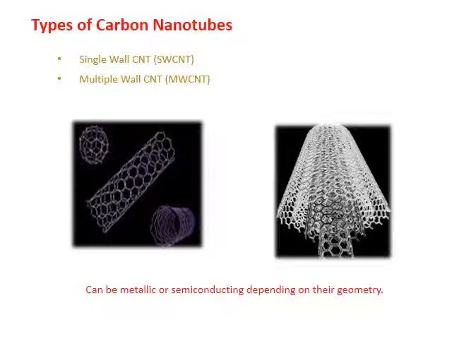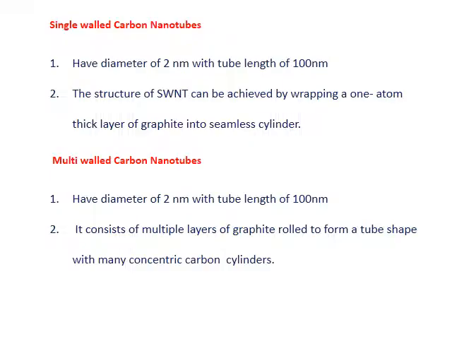Their conducting nature also varies. Single wall carbon nanotubes have a diameter of 2 nanometers with a tube length of 100 nanometers. The structure of a single wall nanotube can be achieved by wrapping a one atom thick layer of graphite into a seamless cylinder.